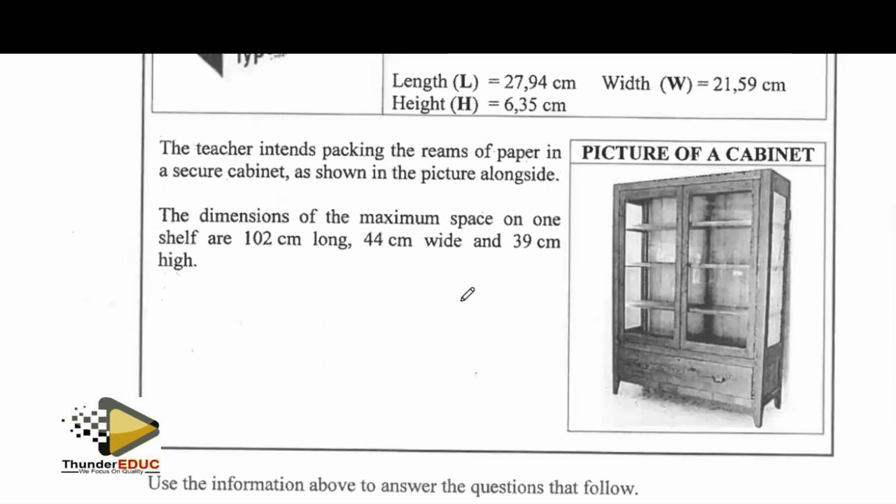One shelf of cabinet. So what you're going to do, this is called packaging. You're going to look for how many reams will fit on the long side. So on the long side, we shall say it's the length of the shelf because it's big, divided by the length of the ream.